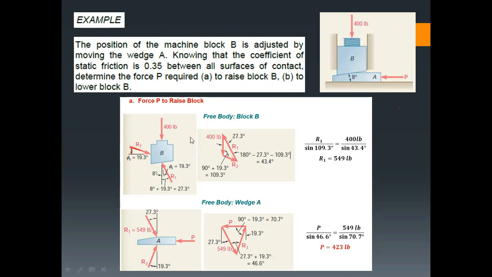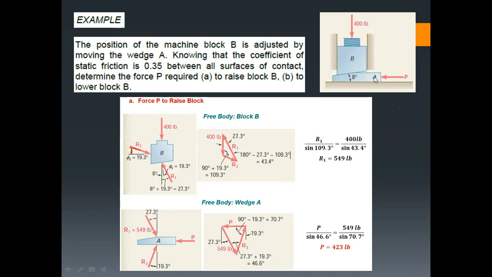Okay? So, for another example of a wedge: the position of the machine block E is adjusted by moving the wedge A. Knowing that the coefficient of static friction is 0.35 between all surfaces of contact, determine the force P required, A, to raise the block and, B, to lower the block.